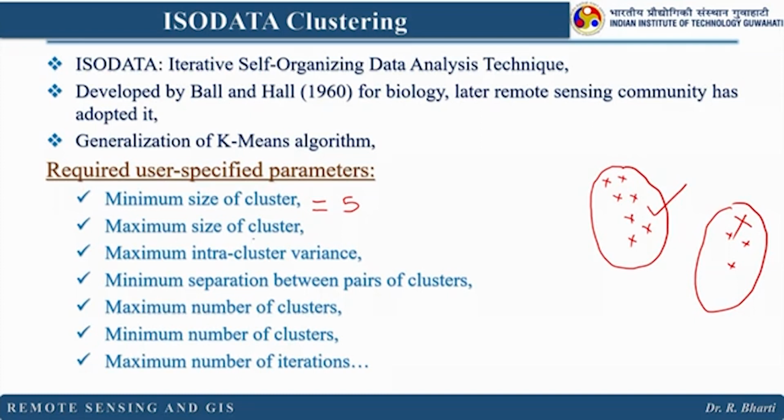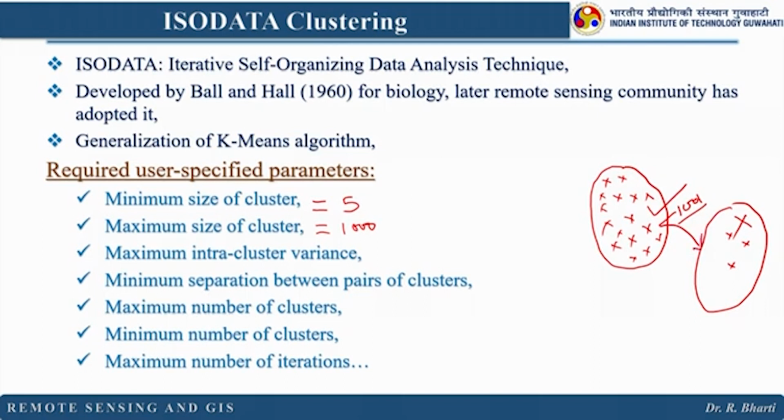Next is the maximum size of the cluster. So I can say maybe 1000, right. So a maximum of 1000 pixels will be allowed to be part of this cluster. But if it exceeds, like 1001, then that pixel will be out of this cluster and it will go to some other cluster.